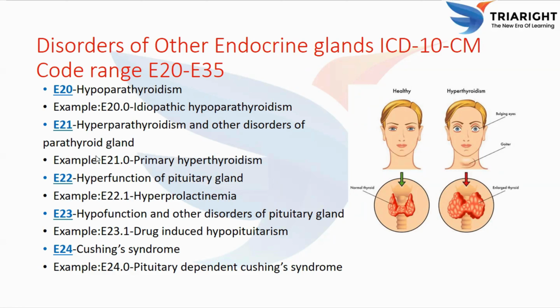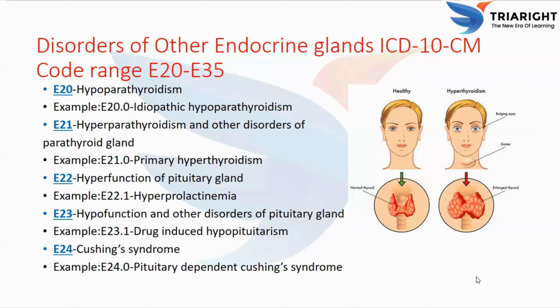For example, the E21.0 code denotes primary hyperparathyroidism, caused by a parathyroid tumor or gland enlargement. What are the side effects you experience when diagnosed with hyperparathyroidism? They are bone pain, kidney stones and fatigue.